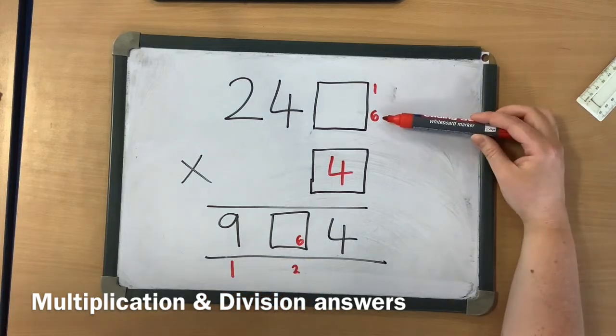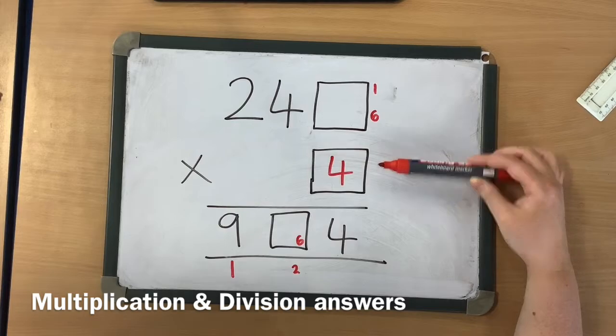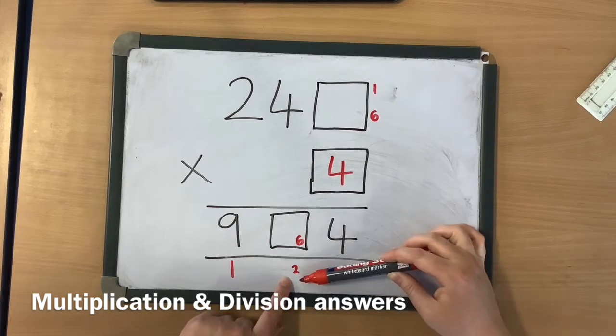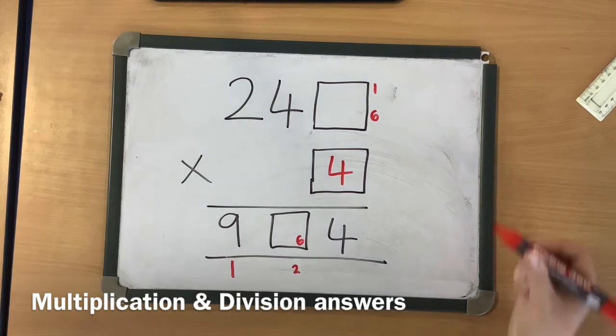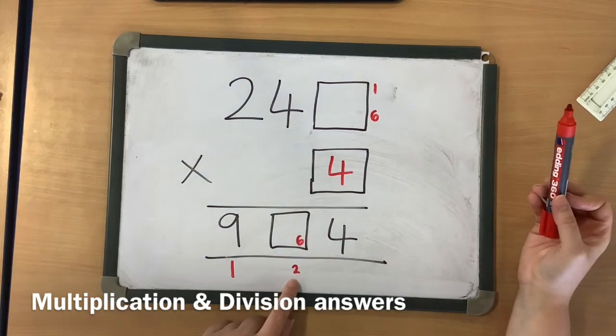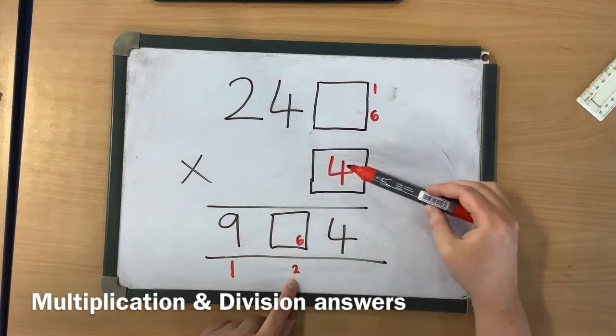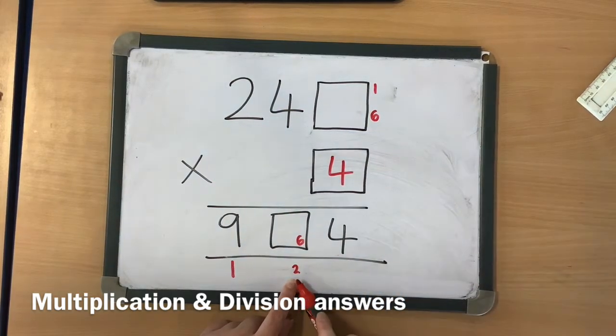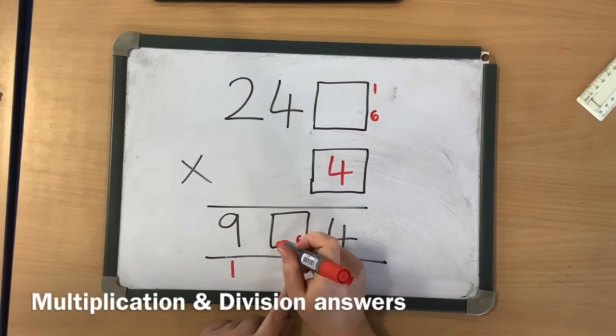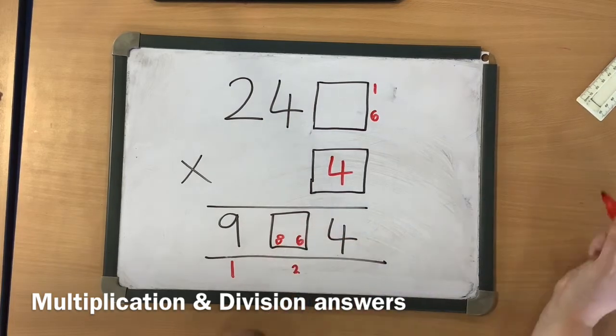But if I had used 6 in my ones column, so 6 ones times 4 equaling 24, I've got a regrouped 10, which would mean that I would need to add that on. So 4 tens times 4 is 16 tens. Add on these 2, would leave me with 18 tens.